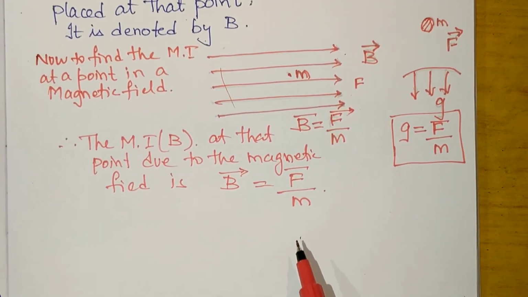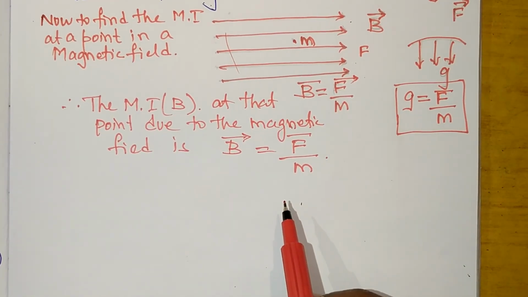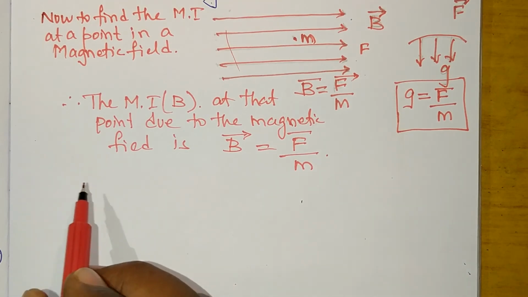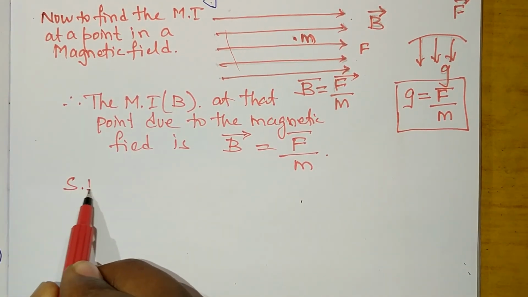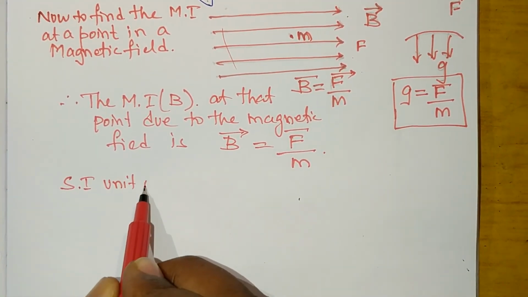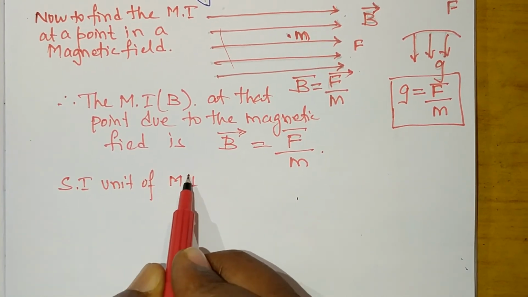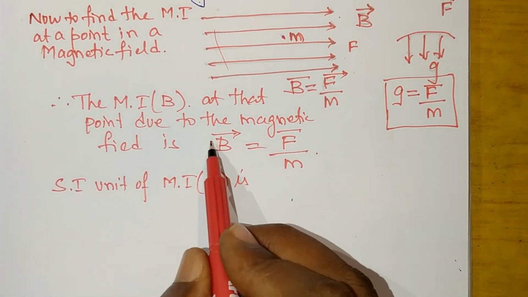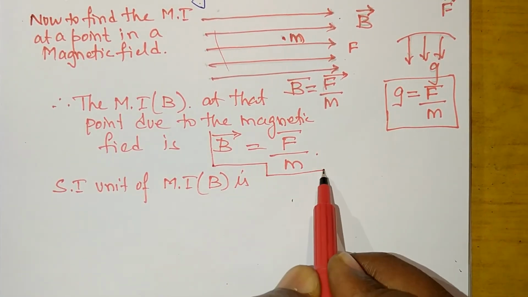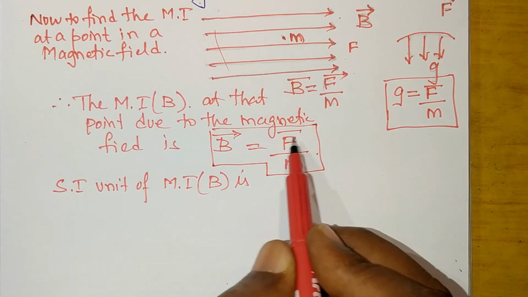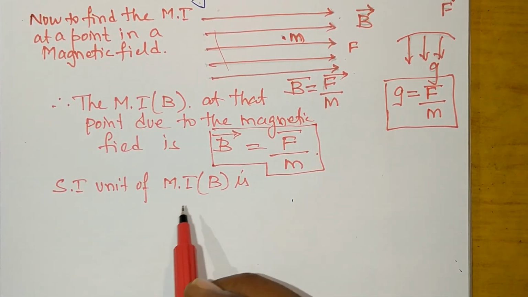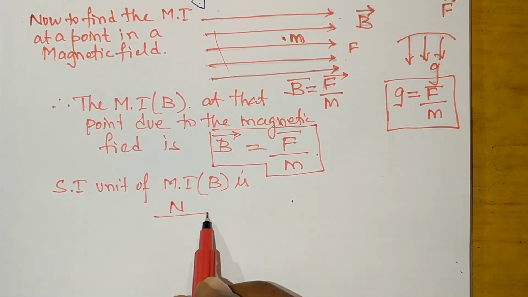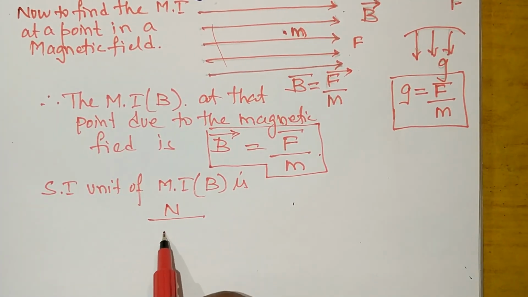Now, to know the units of measurement of magnetic induction, the SI unit of magnetic induction B is, so what is the relationship? B is equal to F by M. So force is measured in what? Newtons. So the SI unit of magnetic induction is Newton per, what is the unit of pole strength?